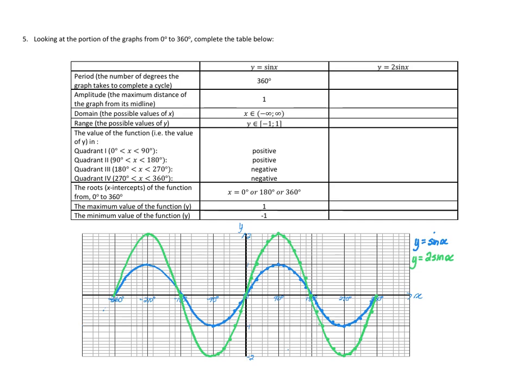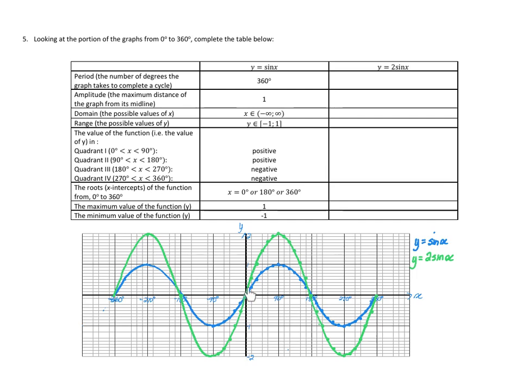In question 5, the investigation into the function y equal to sine x is summarized over here, and we're now going to look at the function y equal to 2 sine x and see how it compares with the function y equal to sine x. In the first instance, we're going to look at the period, which we discussed previously, but I'll just go over it.